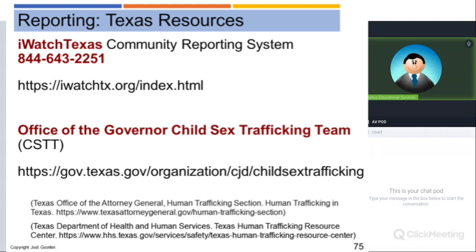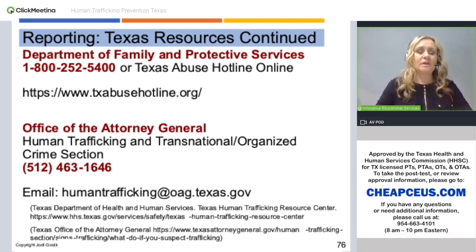On the website, they provide easy links to the National Human Trafficking Hotline. Cases involving children can be reported to the Department of Child Protective Services, and then the Office of the Attorney General can be contacted directly to investigate also.